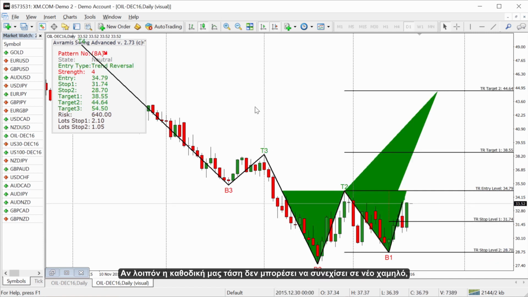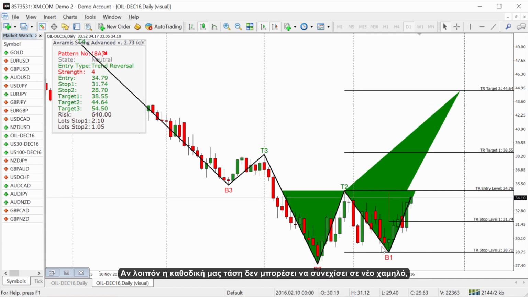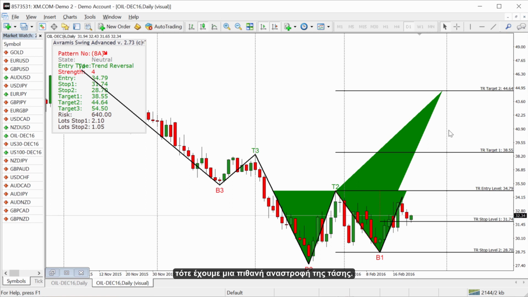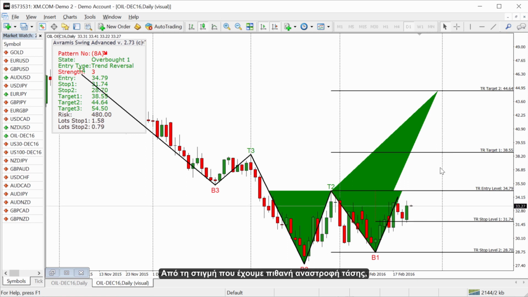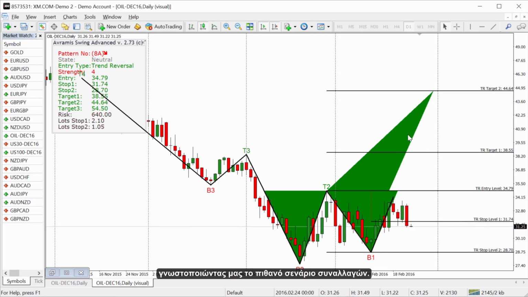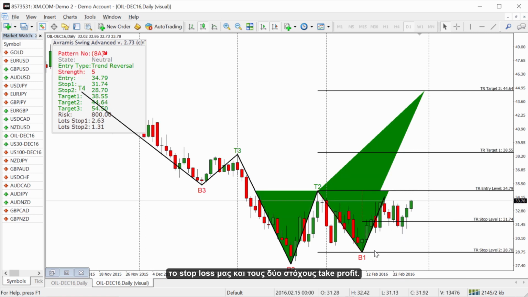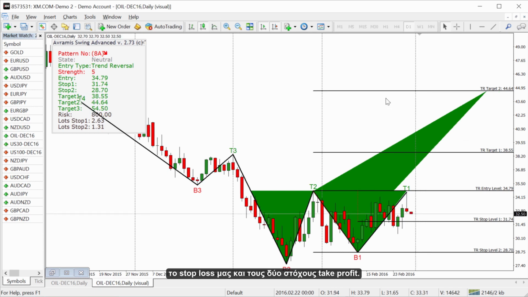Now, if our downtrend fails to continue to a new low by confirming a bottom higher than the level of the previous bottom, then we have a possible trend reversal. Once we have a possible trend reversal, the indicator will show us the green triangles, making us aware of the possible trading scenario. Now, as we can see, the indicator is outlining to us our entry level, our stop loss, and our two take profit targets.